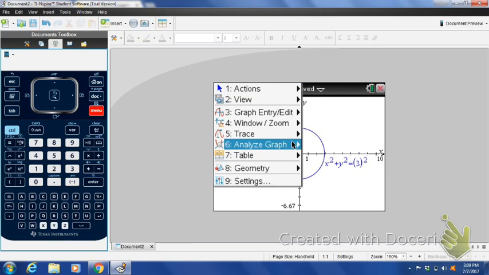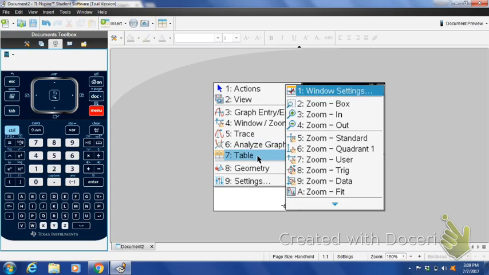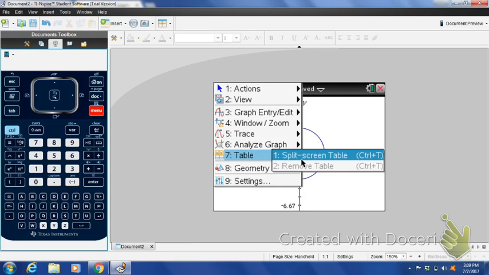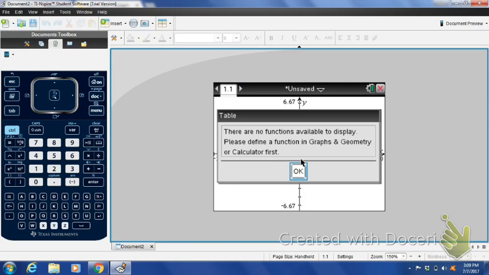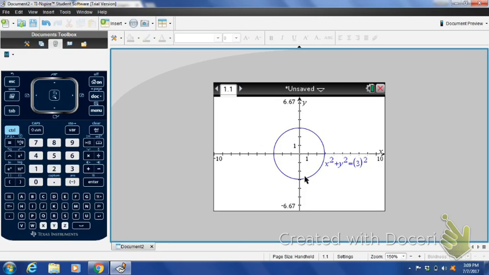You would make a table of values by hand, but if you wanted the calculator's help, you'd go menu, table. I guess you can't do a table for it, since it's not a function. But for example, if you plugged in 0 for x, you'd get 0 squared plus y squared is equal to 3 squared, which is 9.